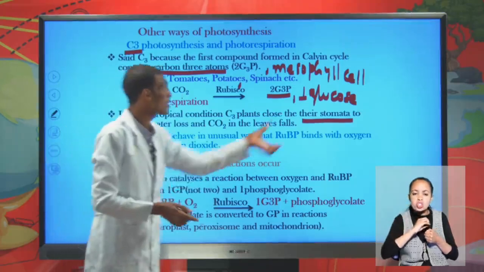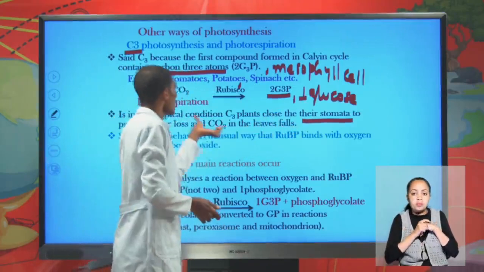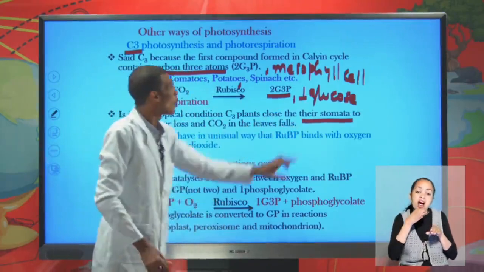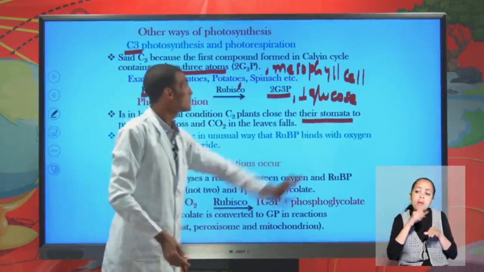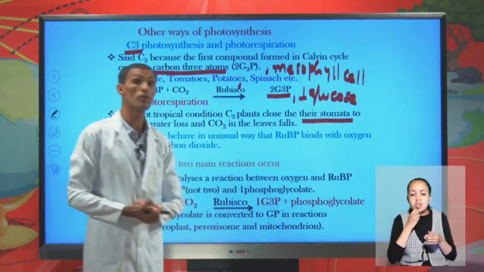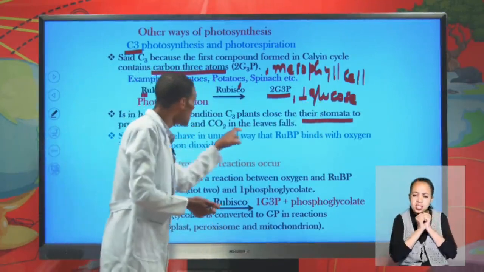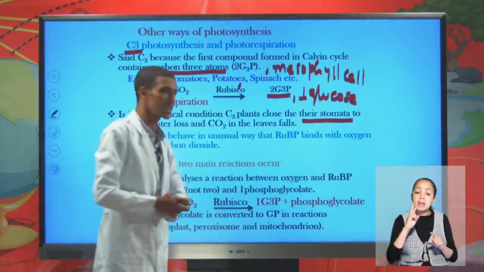When the stomata become closed, the entry of carbon dioxide becomes limited. When the stomata are closed, they conserve water, reducing loss of water or moisture through evapotranspiration. Together, there is a limitation of carbon dioxide encountered here.